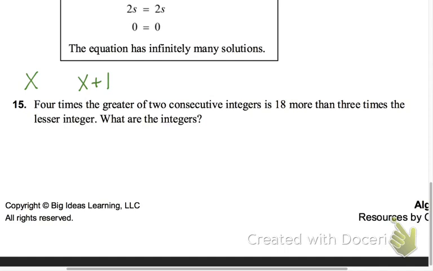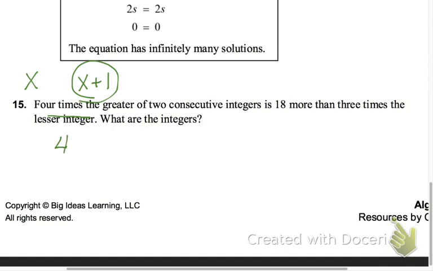So 4 times the greater of the 2 consecutive integers. Which one is the greater of the 2? X plus 1, right? So what am I going to do with the x plus 1? Multiply by 4.